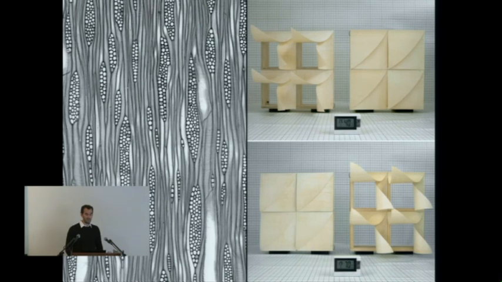We've also developed ways of physically programming the responsive behavior of the wood during the production process. So using somehow the same material to start off with, we can now program the resulting structure to either open or close with increasing humidity.